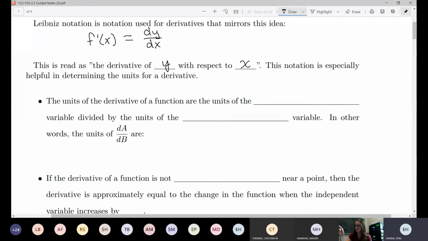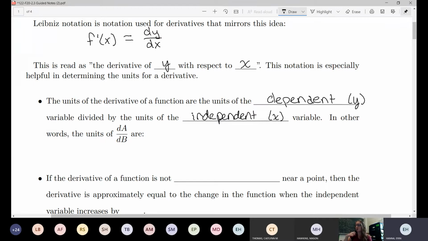So the units of a derivative for a function are going to be the units of the dependent variable, which is usually the y, so I'll put y in parentheses, divided by the units of the independent variable, which is usually x.